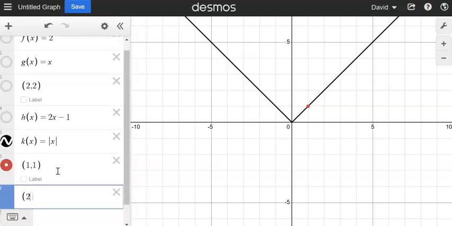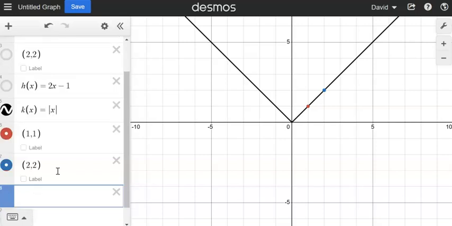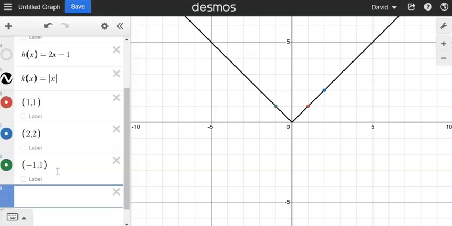If I put input 2, I get output 2, because the absolute value for a positive number doesn't do anything. If I put input minus 1, well, what's the absolute value of minus 1? I get 1. Not too surprising. If I put in input minus 2, absolute value of minus 2 is plus 2. Notice the graph is always above the x-axis, because the output values, the y values, always have to be positive.